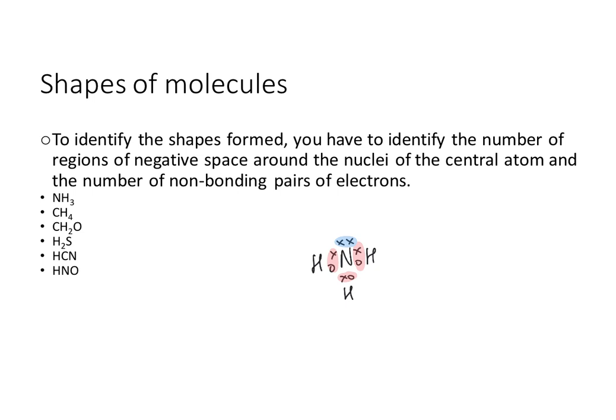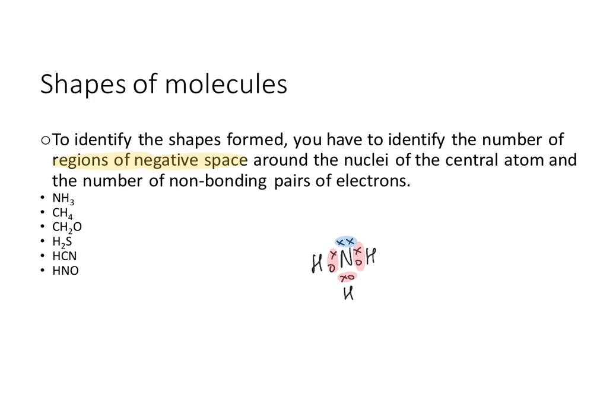What you're going to think about is that we're looking for regions of negative space. A region of negative space is any single bond, double bond, triple bond, or non-bonding pair of electrons.